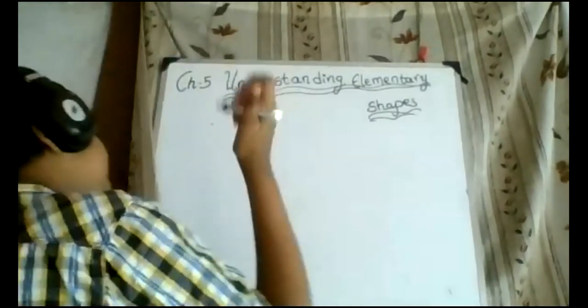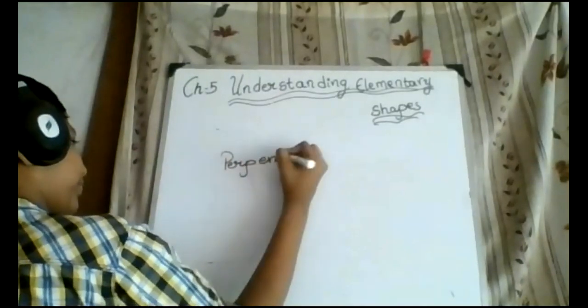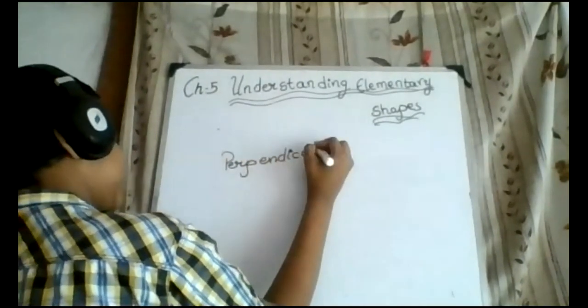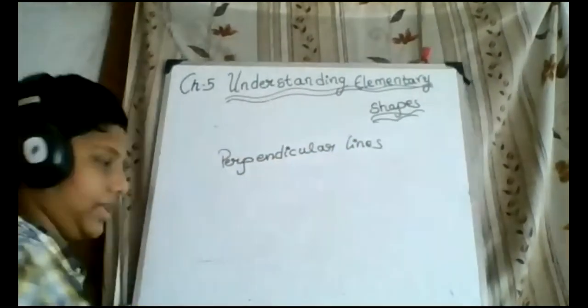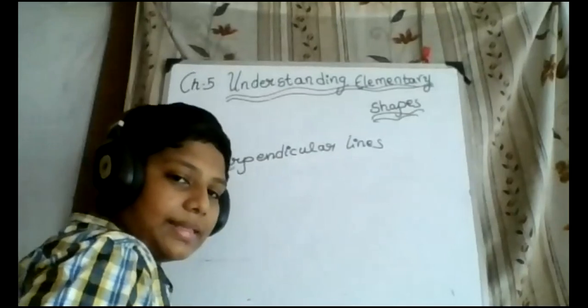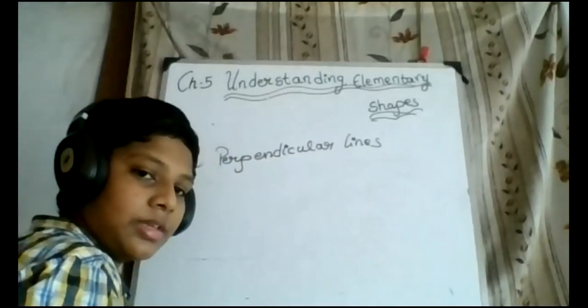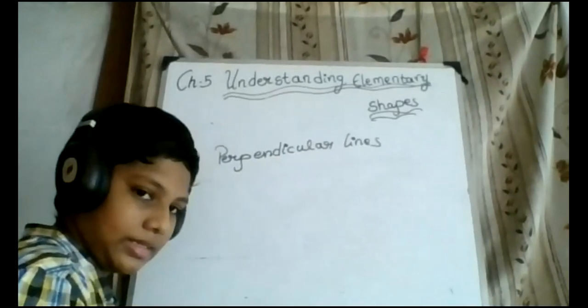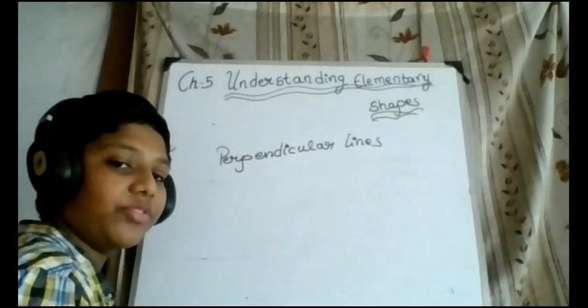Next, we will see about perpendicular lines. Perpendicular lines means intersecting lines having an angle of 90 degrees.